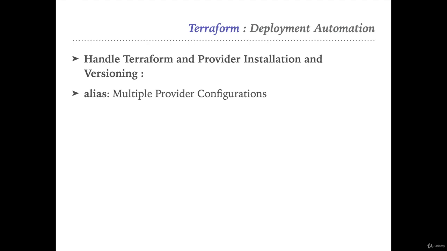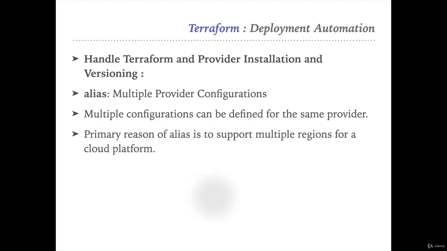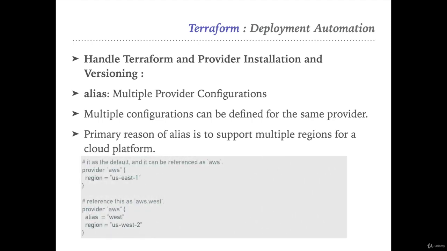Whenever we define the provider, there is one more thing called alias. Alias can be used to define multiple provider configurations. We have not seen the use of alias in our labs, so I'm explaining it here. The main purpose of alias is to define multiple configurations for the same provider. Here is an example. Suppose first we define the provider AWS with region us-east-1.